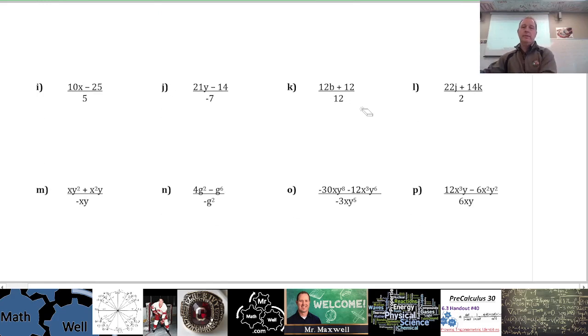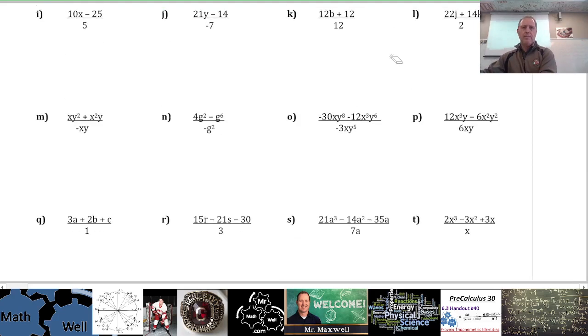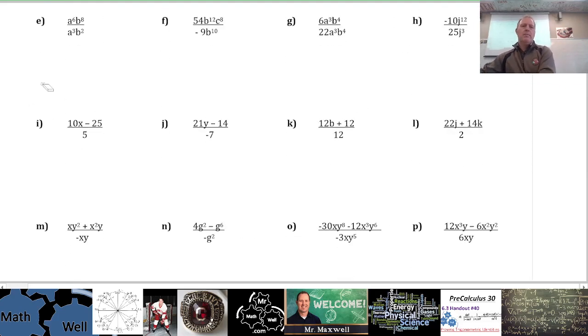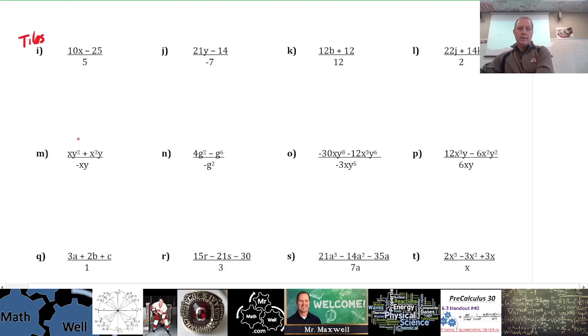Let's see here. Okay, for these questions here, I want you to write this. We're going to do tiles for some of these, not for all of them. Let's do tiles for I, and let's do tiles X, Y. Well, let me see. These aren't really friendly.